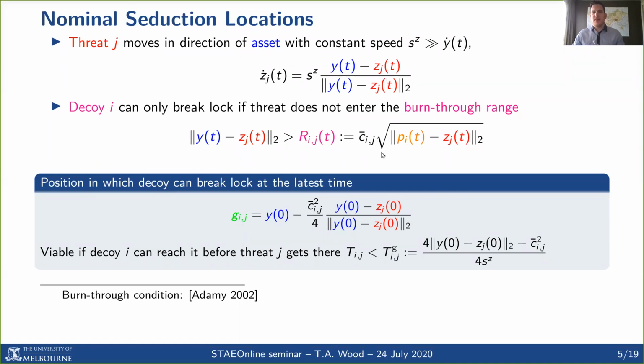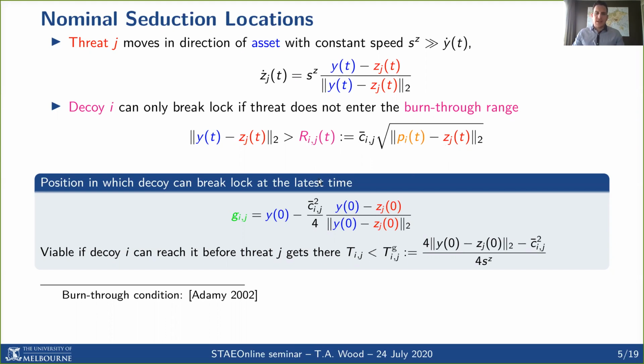And this range, in fact, is a function of the distance of the decoy to the threat and some electromagnetic parameters where antenna properties come into account. So we see this condition, we can only break the lock if the threat is sufficiently far away, but it also depends on how close the decoy is; this bound becomes harder if the decoy is far away from the threat.